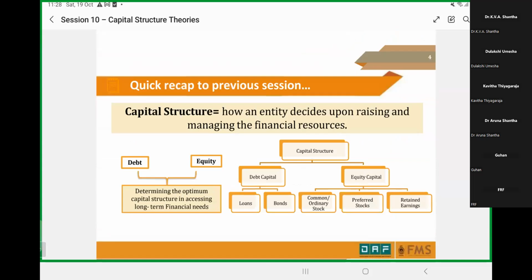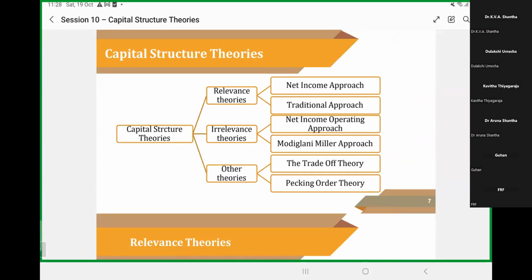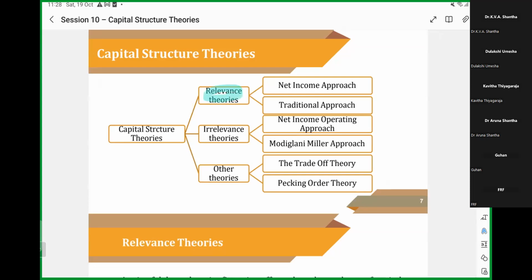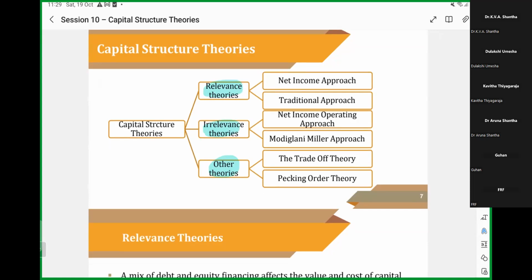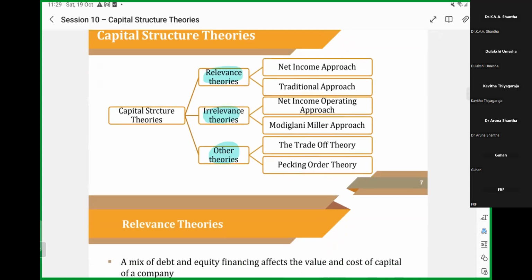Right. So there are theories called capital structure relevance theories, irrelevance theories, and there are some other theoretical perspectives. So you should have a basic understanding of these theoretical perspectives. So relevance theories are net income approach, traditional approach.